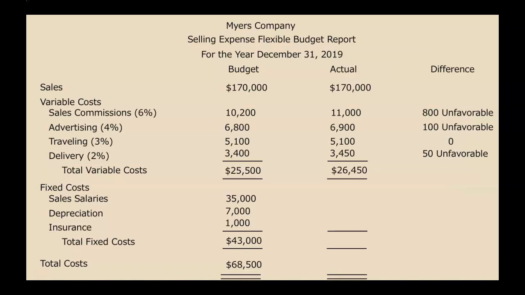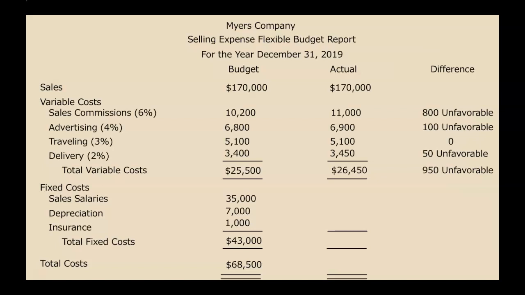You can think of favorable and unfavorable as like signs, right? So they're all the same sign. They're all negative, let's say, right? Because they're unfavorable. Since they're all the same, we can add up those three amounts. 800, 100, and 50 all get us 950. And it's all unfavorable.